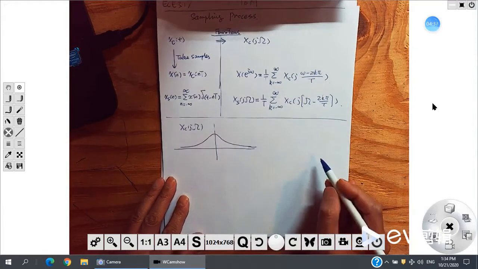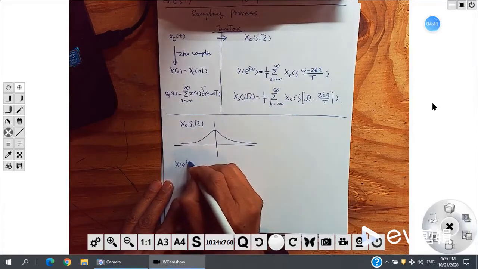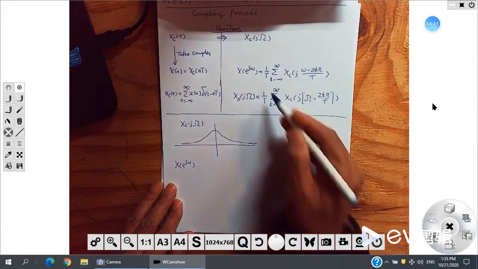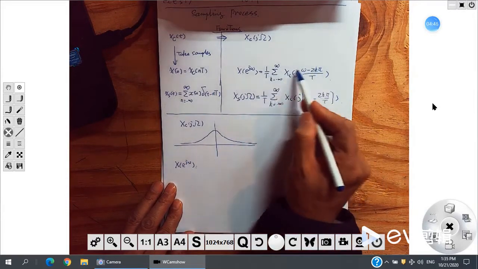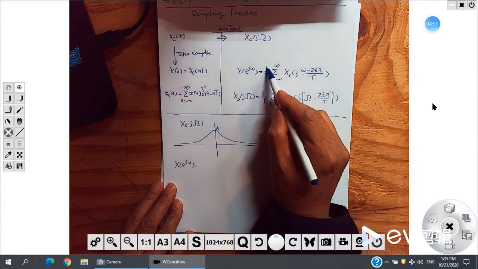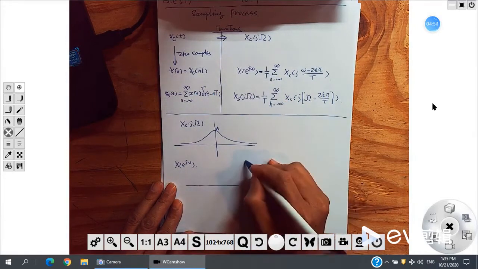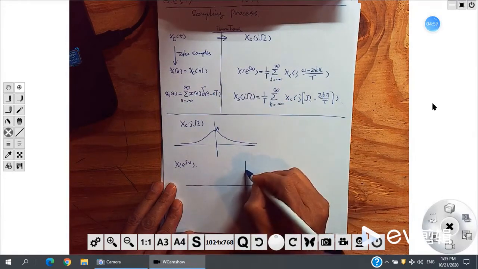And then X of e to the j omega is a summation of infinite terms. Suppose this peak value is A. Then you need A times 1/T, right? So the peak we have here will be A over T.